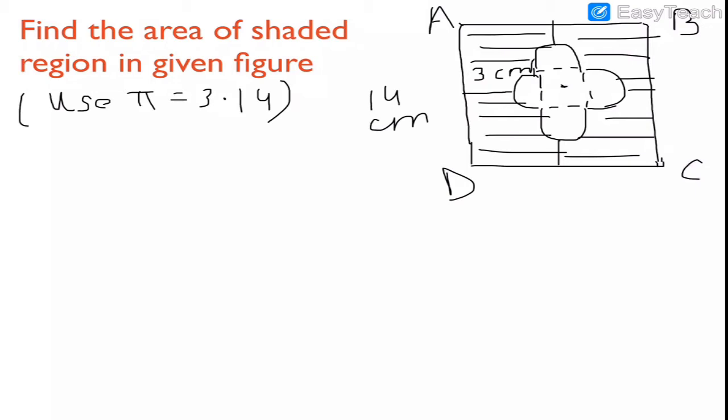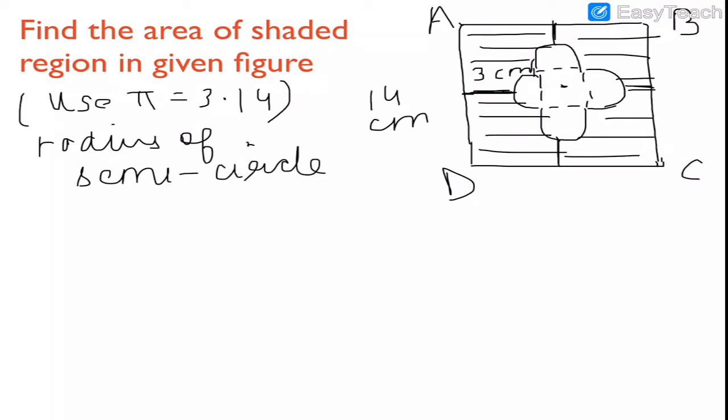We need to know the radius. The side of the bigger square is given as 14 centimeter, and this is given as 3 centimeter. This is also 3, this is also 3 and this is also 3. Now to calculate r, we'll take the radius of semicircle to be r centimeter.